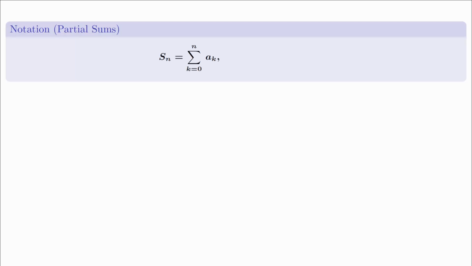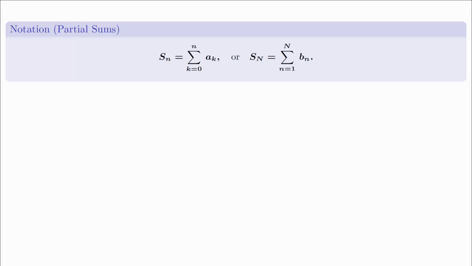I will use s subscript n for the summation k equals 0 to n of a_k, or capital S subscript capital N equal to the summation n equals 1 to capital N of b subscript n. So when my summation index is k, my partial sum will be capital S subscript n, and it will end at the natural number n.